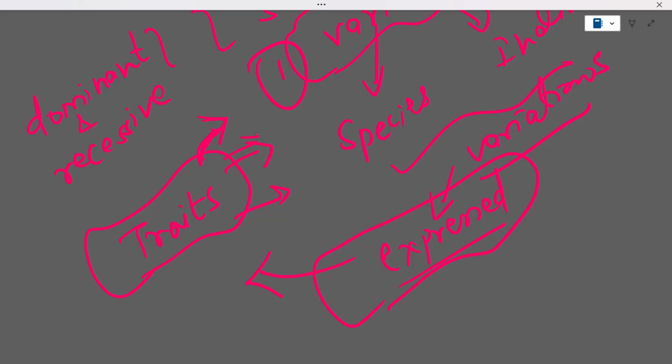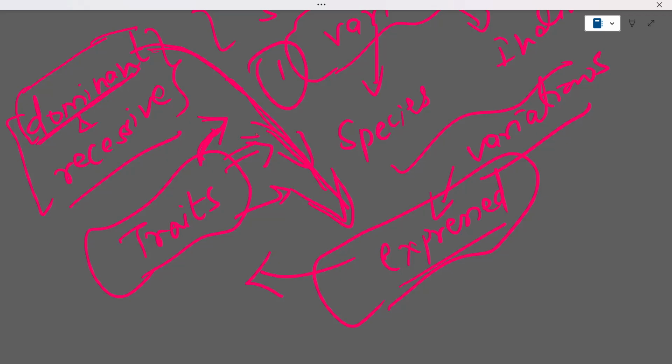So let me give an idea. Dominant traits are those traits in a particular species or an individual that get expressed easily, the traits which, out of two different alleles, get expressed easily. Those are called dominant, and those dominant traits are likely to be visible.